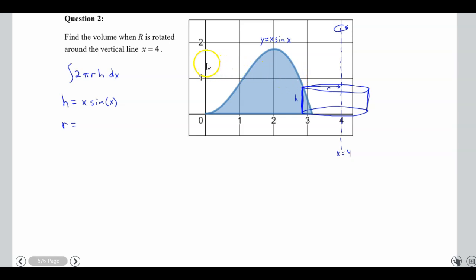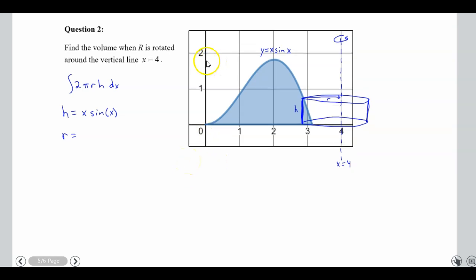So if we think about, let's say, I'm going to change my pen color here real quick. Let's say we think about this whole distance here across. This is going to be, for this particular one, from the y-axis all the way out to this vertical line x equals 4. That distance is 4.